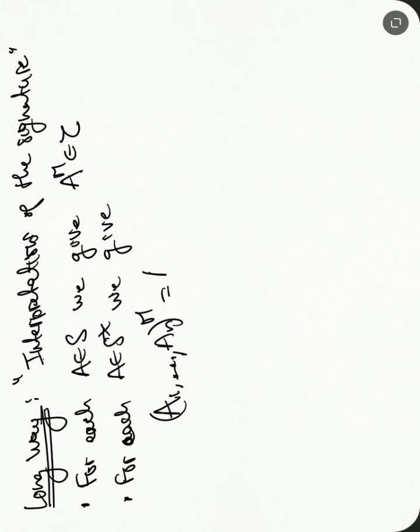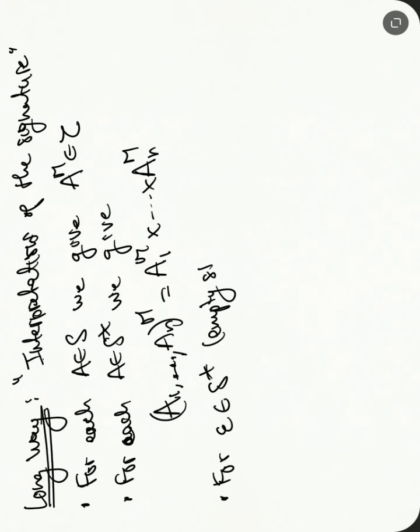Since we want it to be product preserving, it's going to be like this, AN to M. For the empty string, we take epsilon M to be a terminal object.